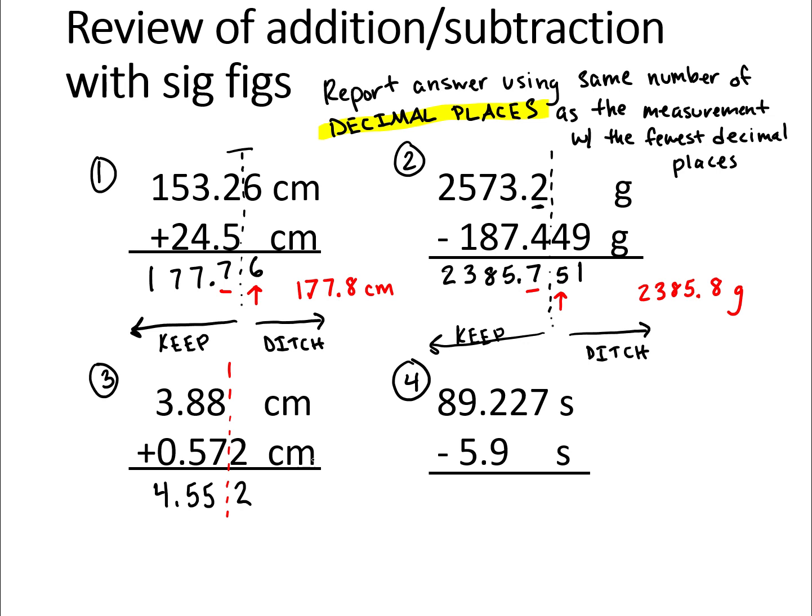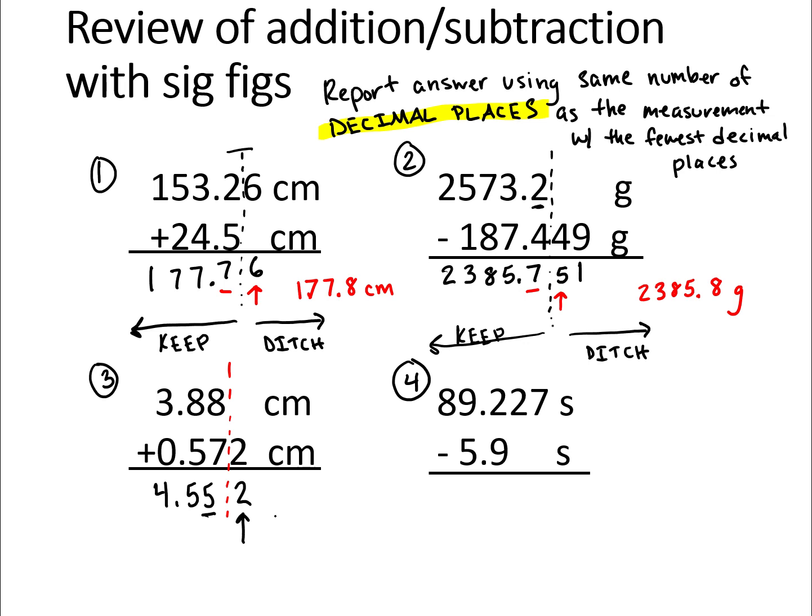Don't let it be confusing that there's a 0 here. What we're looking at is the number of decimal places to the right. And there are 3 decimal places in this bottom number and only 2 decimal places in the top. So we have to cut it off at the hundredths. We're going to round that 5.